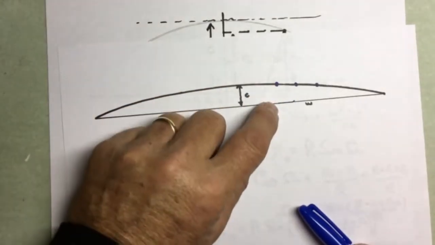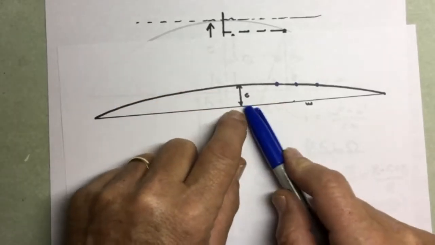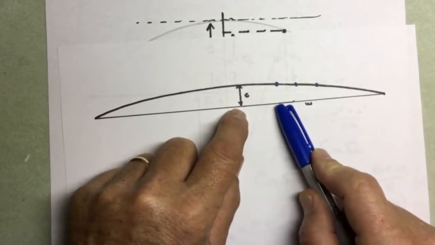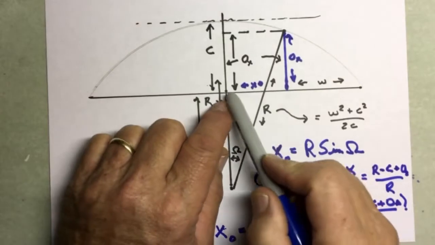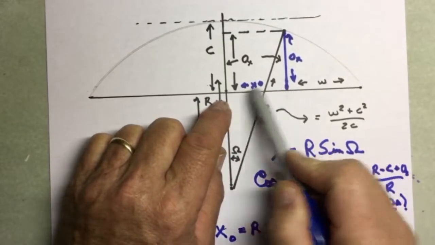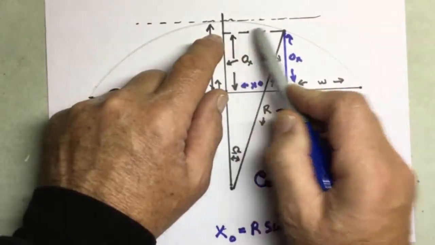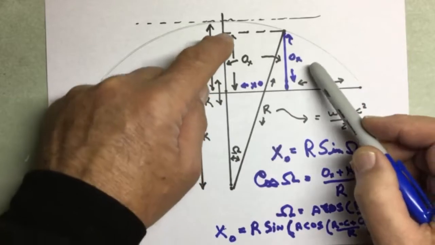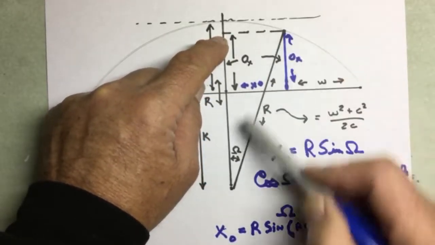For that reason, we'll make the offset our independent variable and the x value along the beam length our dependent variable that we will calculate. That beam distance I've got labeled as x sub 0 here, being the same length as this line here, and we can see that that length is equal to r times the sine of omega.